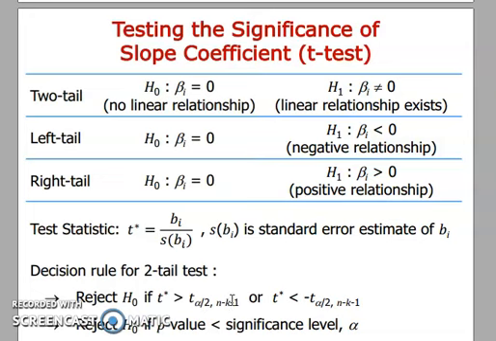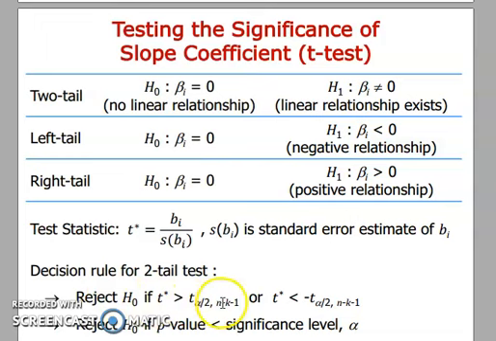You have x1, x2, x3, x4, so you have 4 regressors, and then you have 1 intercept. So it's going to be 23 minus 5, which is 18. So you need to find the critical value for t at 0.025 and 18 degrees of freedom.